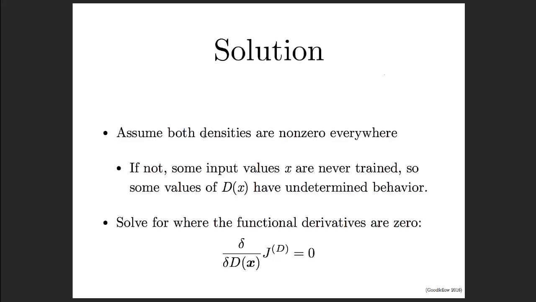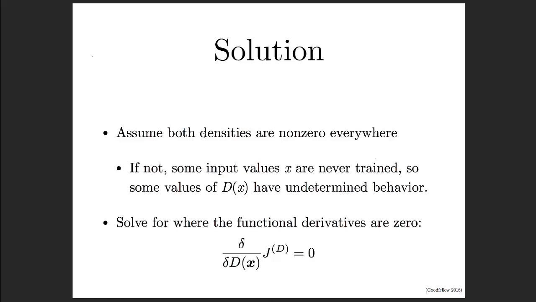But if we make those relatively weak assumptions, we can then just solve for the functional derivatives, where we regard D(x) as being almost like this infinite dimensional vector, where every x value indexes a different member of the vector, and we're just solving for a big vector like we're used to doing with calculus.